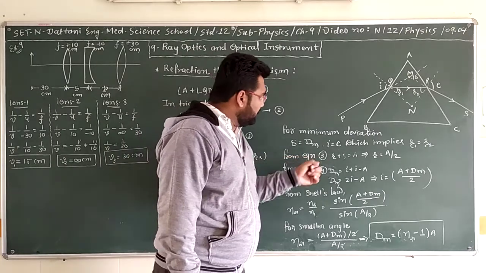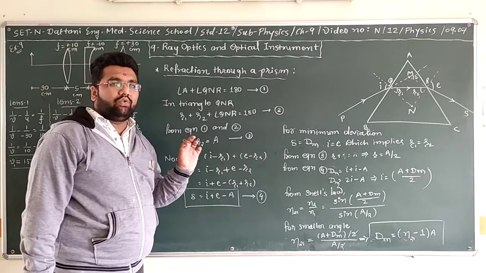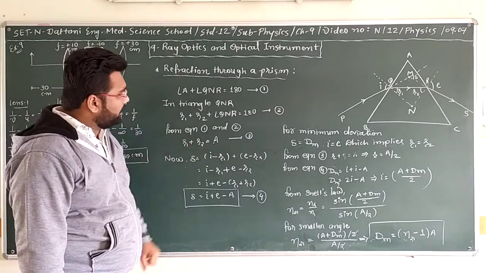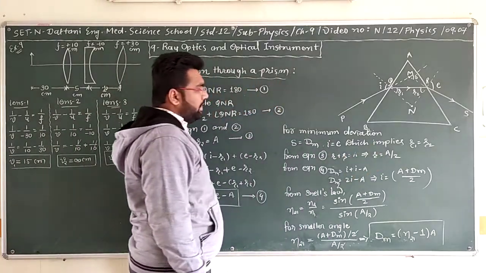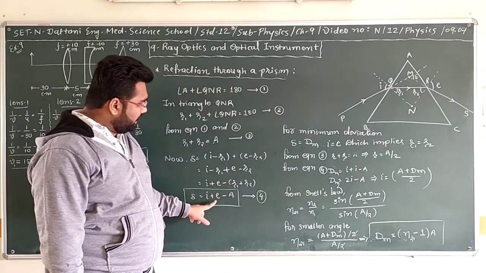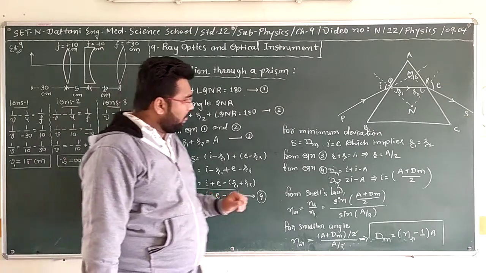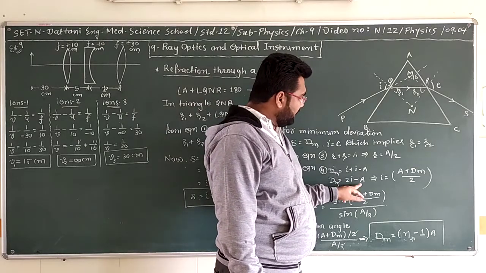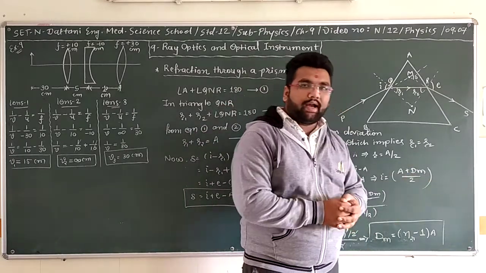So from equation number 3, we have R1 plus R2 equal to A, so R1 equals R and R2 equals R. So R plus R will be 2R, and we have R equal to A by 2. Now from equation number 4, I equals E. So I plus I is 2I, minus A. So we got dm equal to 2I minus A, and if we make I the subject, then we get I equal to (A plus dm) by 2.